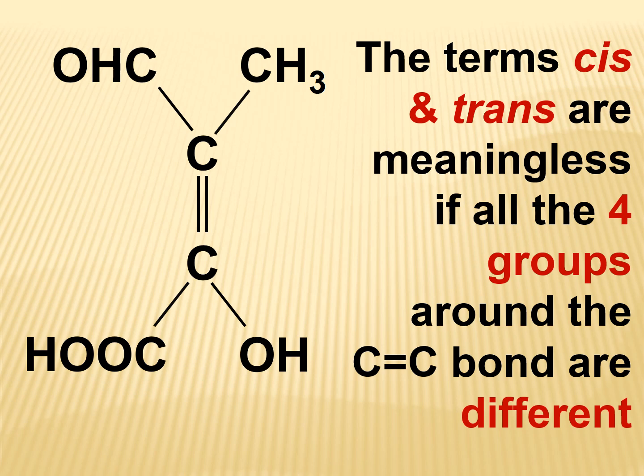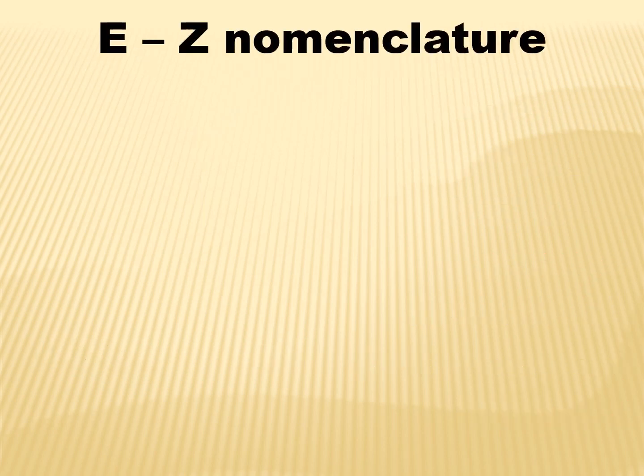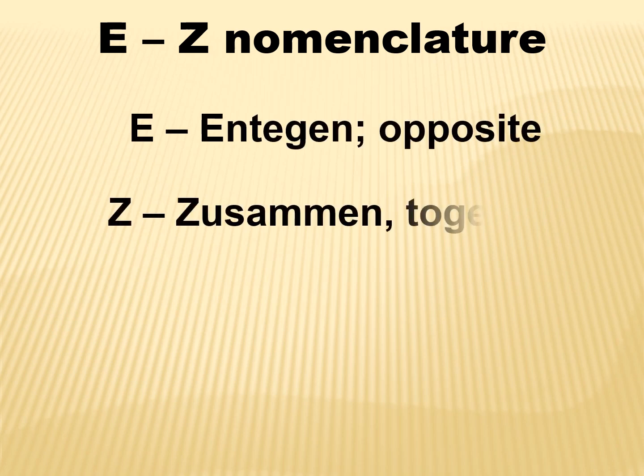We have to follow a different type of naming, and that is called the EZ nomenclature, the EZ system of naming. Now E stands for entgegen, which means opposite, and Z stands for zusammen, which means together. These are German words. So E means opposite and Z means together.